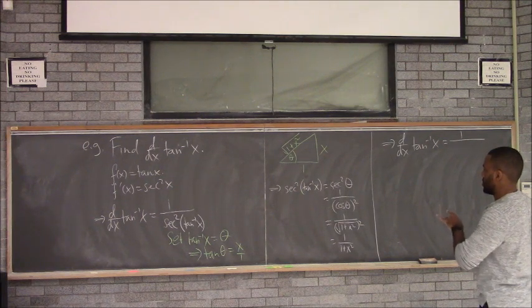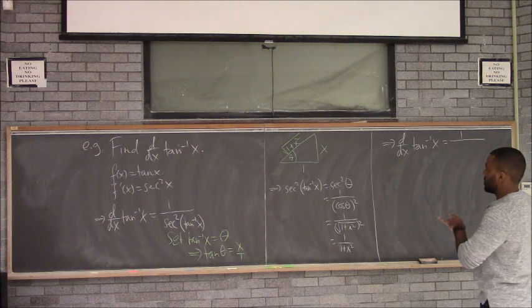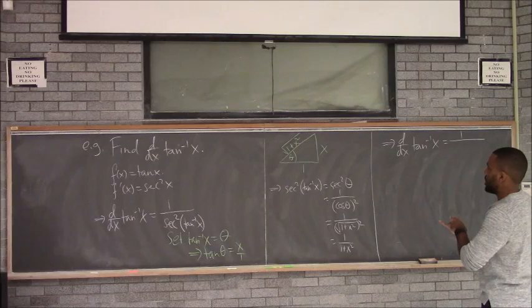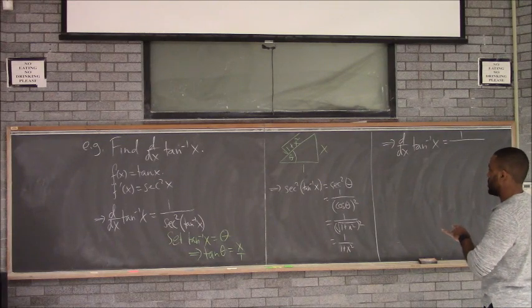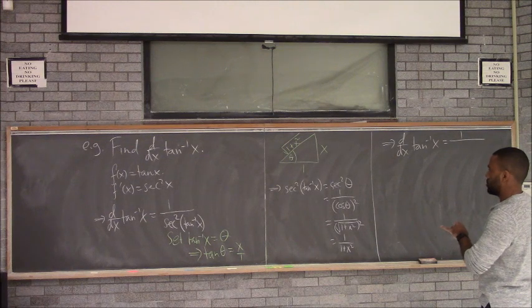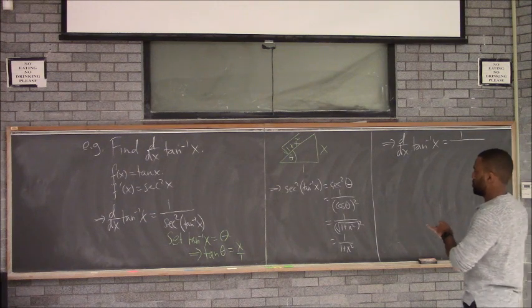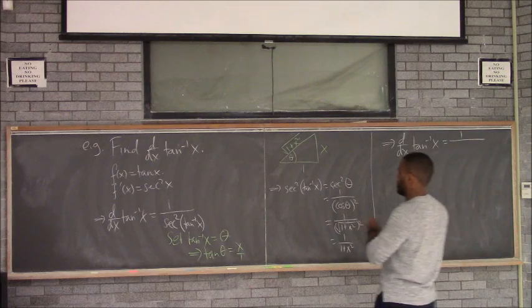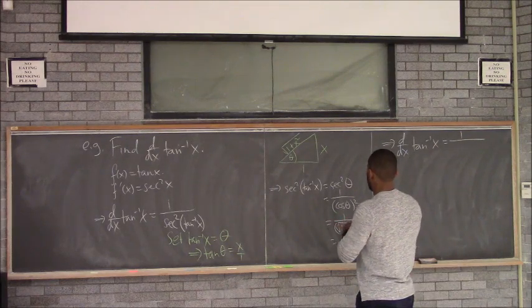The idea is in the right order. The secant is hypotenuse over adjacent. The cosine is adjacent over hypotenuse.